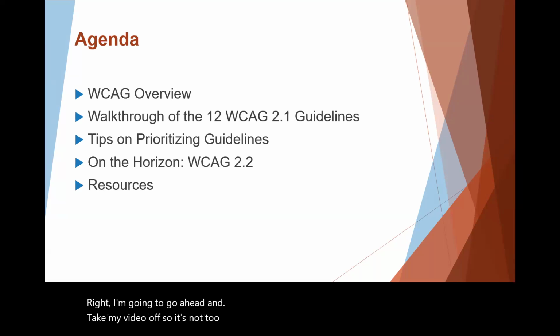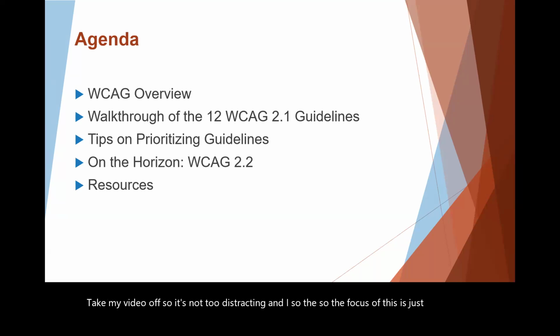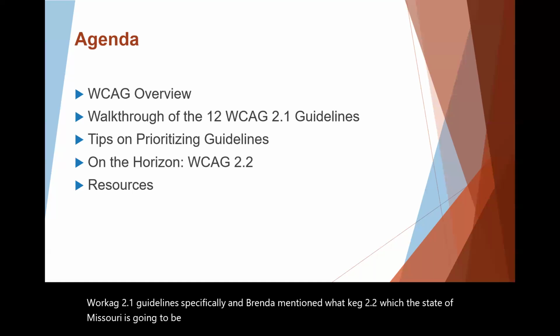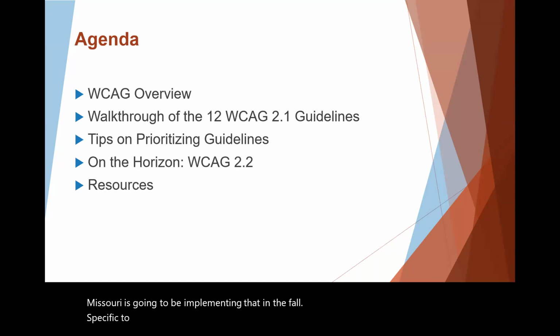And so the focus of this is just the WCAG 2.1 guidelines specifically. And Brenda mentioned WCAG 2.2, which the state of Missouri is going to be implementing in the fall, specific to our state standard that we updated last year. But we are going to go over a general overview about the 2.1 guidelines.